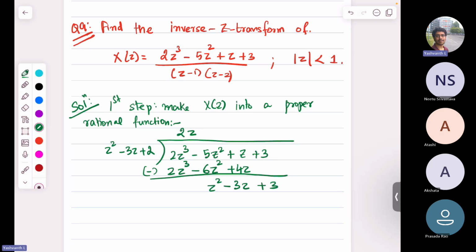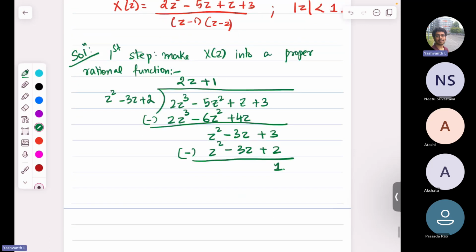Then basically plus 1, so it is z square minus 3z plus 2. Now again subtract, you get 1. Therefore, your X of z is 2z plus 1 plus 1 by the divisor, z square minus 3z plus 2. I just did a simple long division.